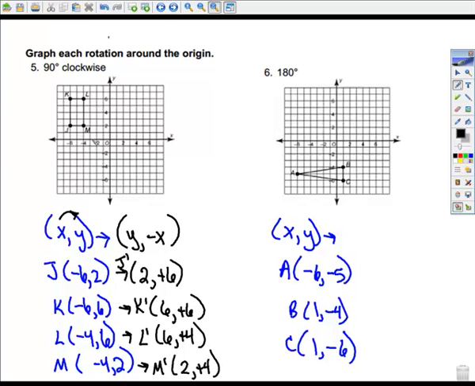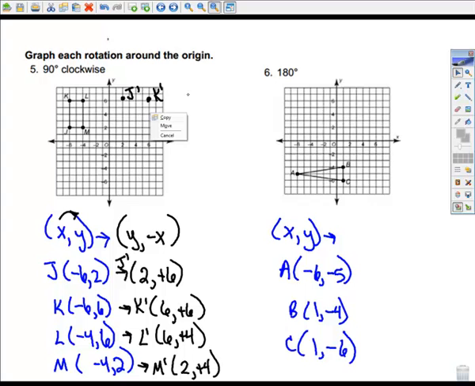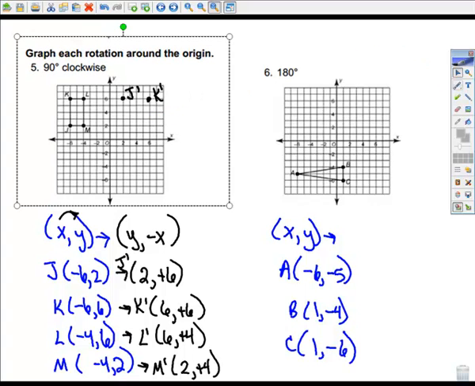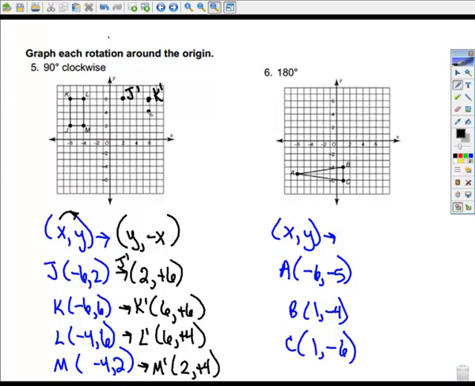So let's graph this. We have 2, 6, this is J prime, 6, 6, K prime, 6, 4, nope, that's L prime, and 2, 4 is M prime.